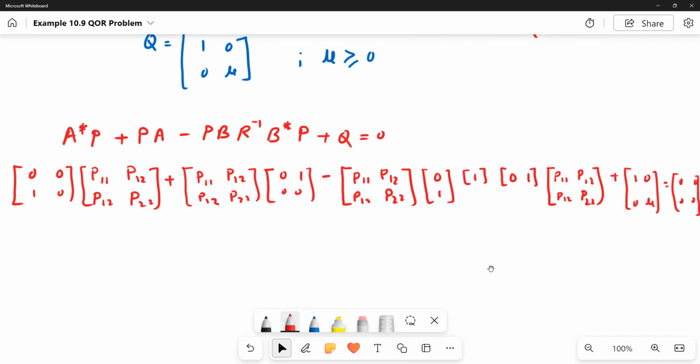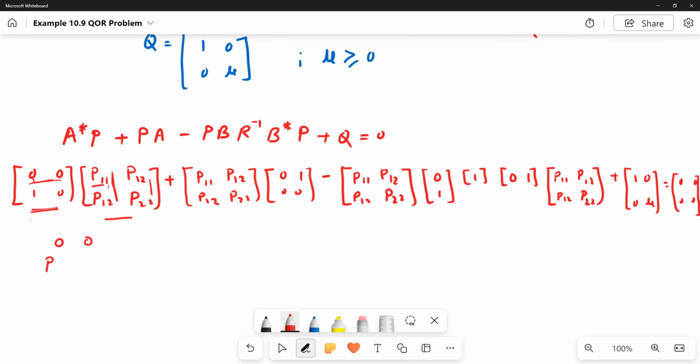So let's multiply these values and then figure out what we can obtain. So multiplying this one and this one, basically the first, this one will be multiplied by this one. So ultimately it will be 0, since multiplying with 0. Then this one will be multiplied by this one, and also it will be 0. And this one will be multiplied by this one. So ultimately the first one will be available.